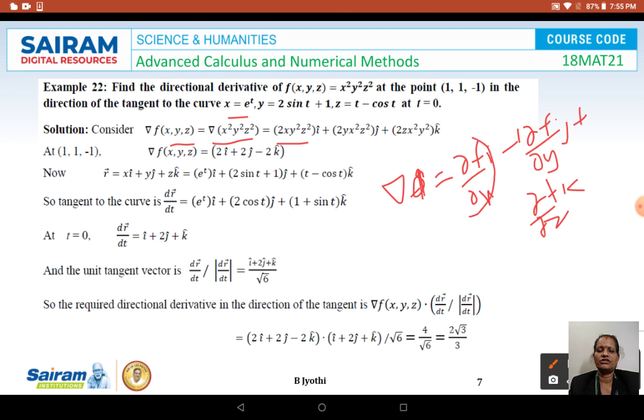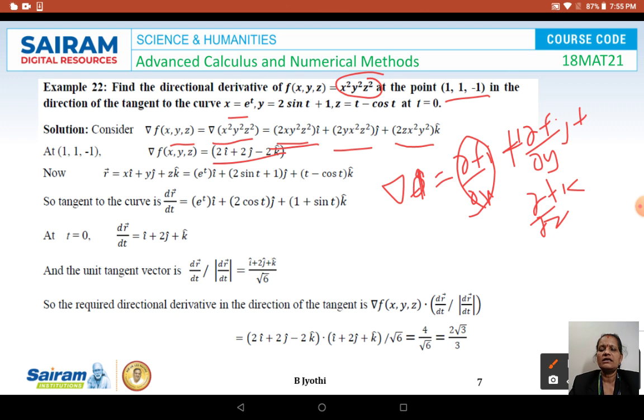That means if we differentiate x square y square z square with respect to x, we get 2x y square z square, with respect to y it will be 2y x square z square, and with respect to z it will be 2z x square y square k. Then at the particular point (1, 1, -1), if we substitute, we get 2i plus 2j minus 2k.